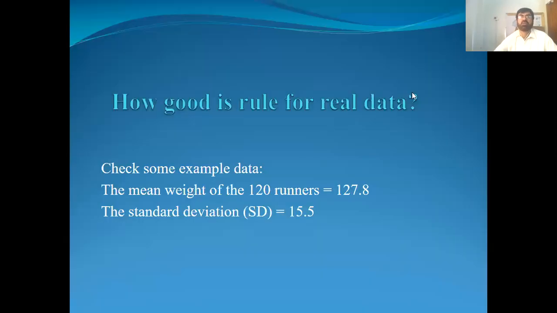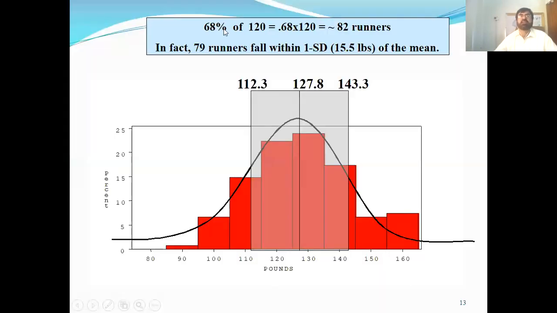How good is the rule for real data? Check some example data. The mean weight of the 120 runners is 127.8 and the standard deviation is 15.5. Then experimentally, 68% of 120 becomes 82 runners. It gives you the number of individuals that fall within 1 standard deviation.